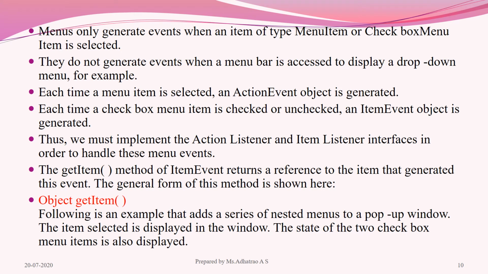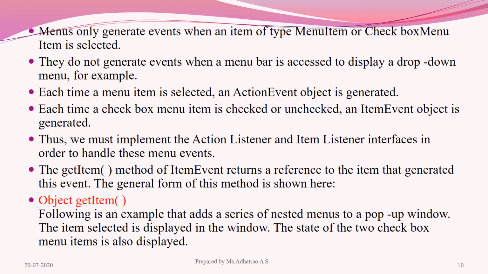Thus, we must implement the ActionListener and ItemListener interfaces in order to handle these menu events. So when I click on the New option, a new document is created. How is it created? We need to implement those ActionListener and ItemListener interfaces to handle such events.